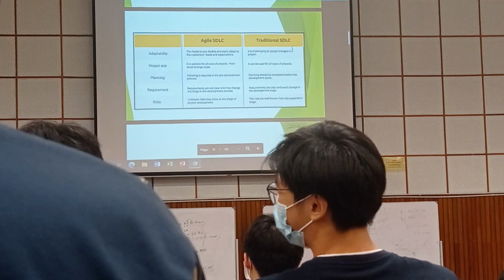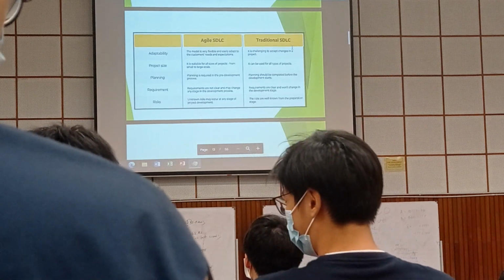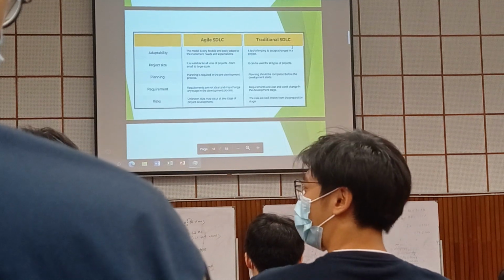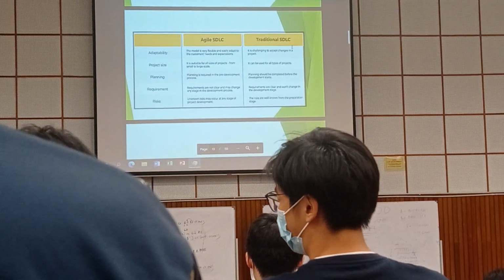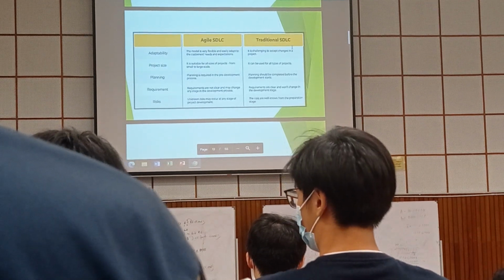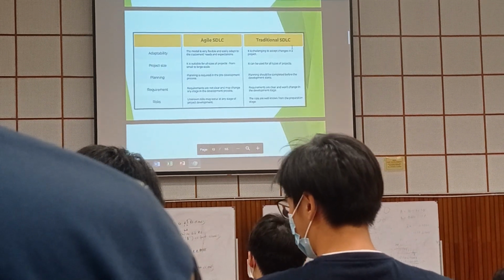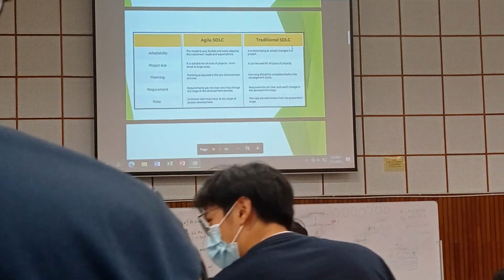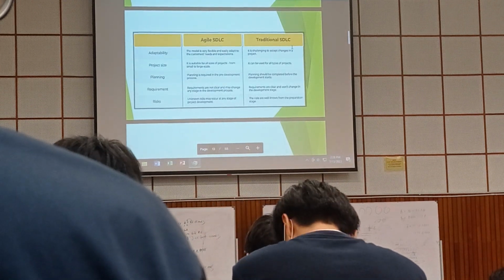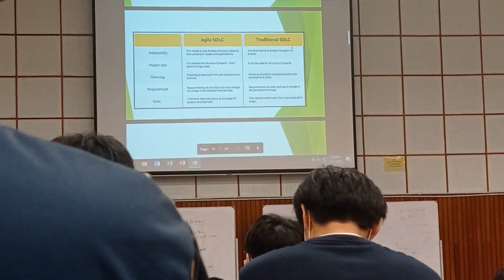You can see the difference in terms of a few features: adaptability, project size, planning, requirement, and risk. On adaptability, agile is flexible, because when you want to make any changes in between, it is possible.